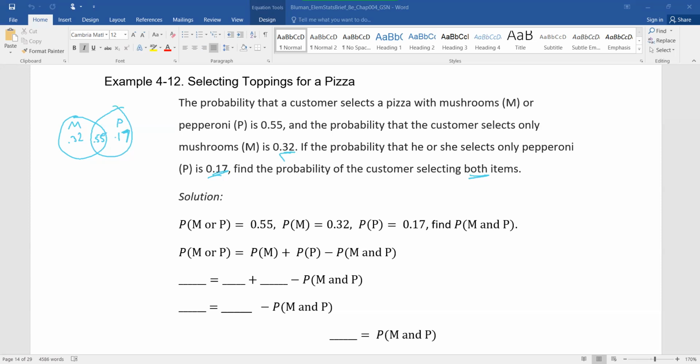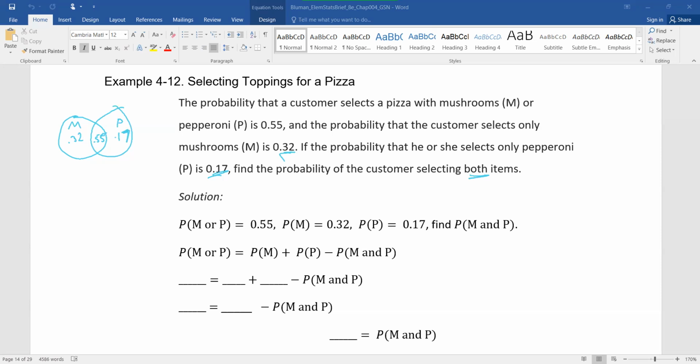Our or situation, mushrooms or pepperonis, will just be this right here. So we'll have our or situation, which is your M and your P. But since they're not mutually exclusive, I have to take away the fact that they get both mushrooms and pepperoni.